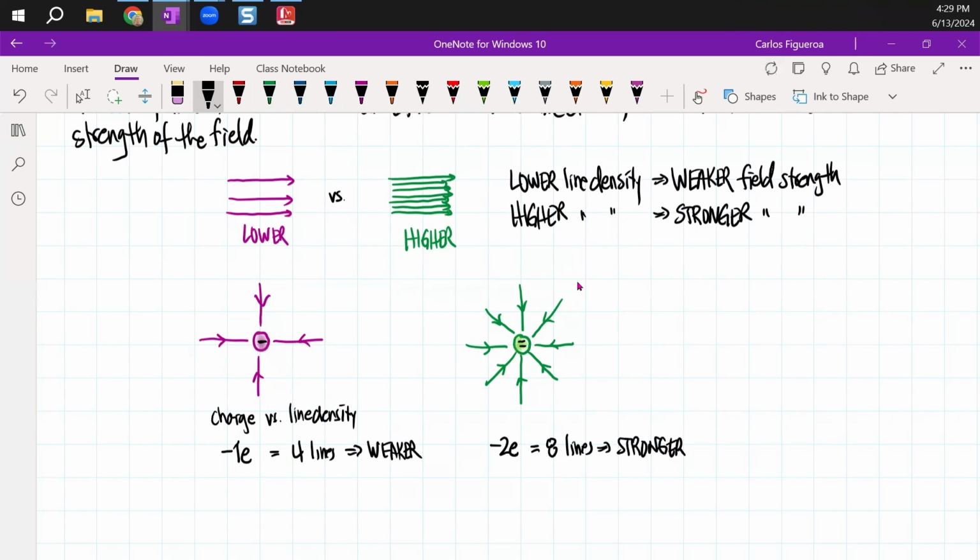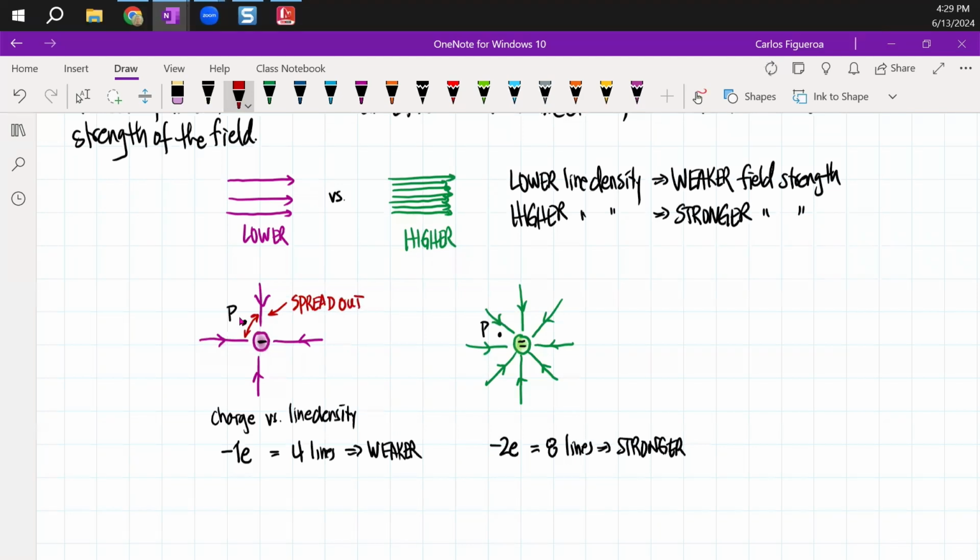But there's another piece that we should look at. And the other piece here is that let's look at the point P. So if I look at a point P right here, and I look at another point P right here, what you're seeing here is that look at the spacing between the lines. So if I look at the spacing between here and here, note that they're spread out more.